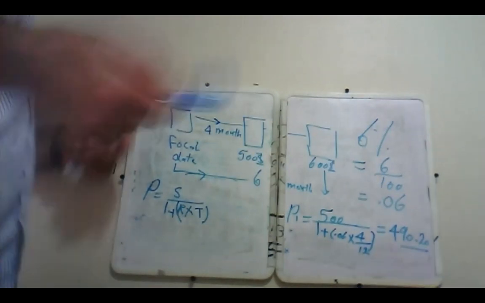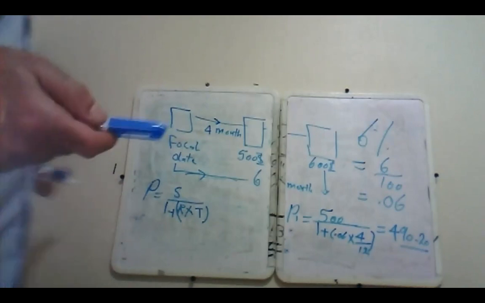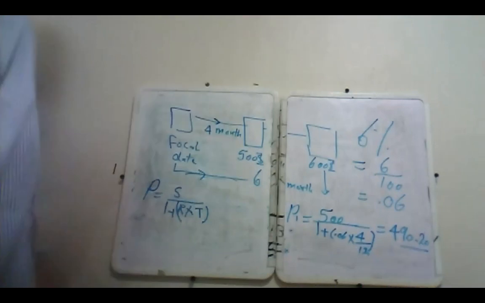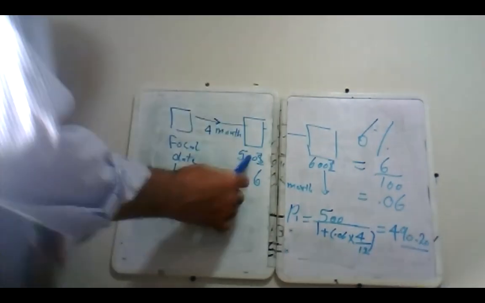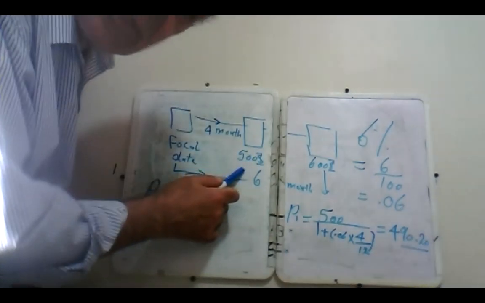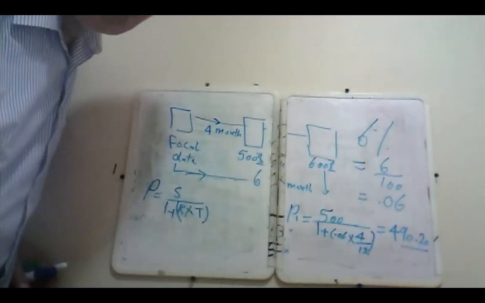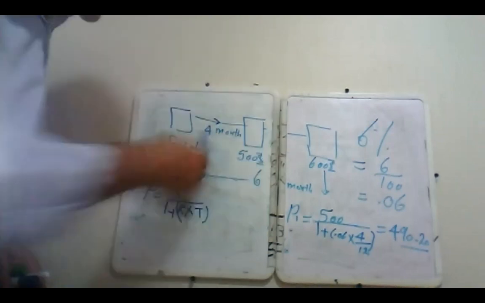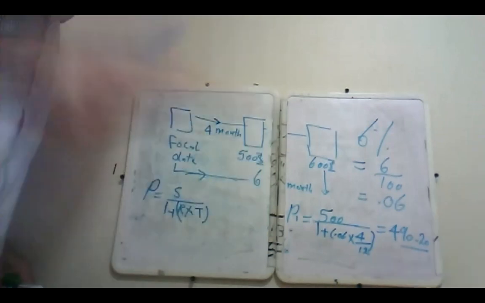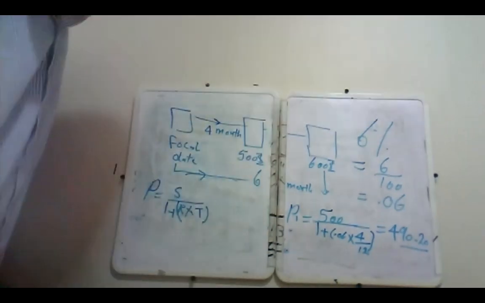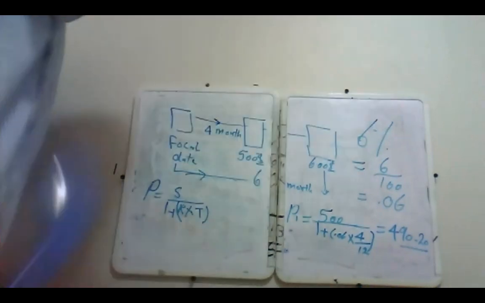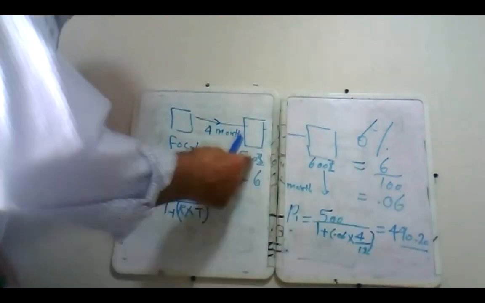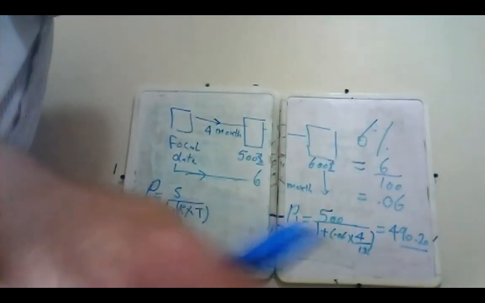Again, what is the meaning of the future value and the present value? The future value means, as an example in this case, I have to pay the bank $500 after 4 months, or I owe you $500 after 4 months. Then I have money now. Why should I wait the 4 months to pay you the $500? I came and told you, hey, I don't want to wait 4 months to pay your $500. I want to pay now.